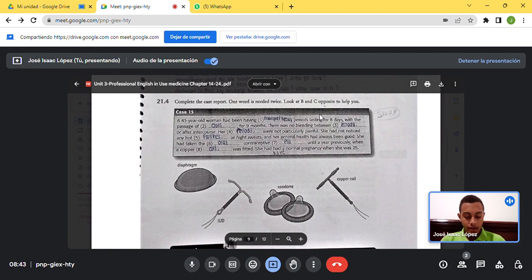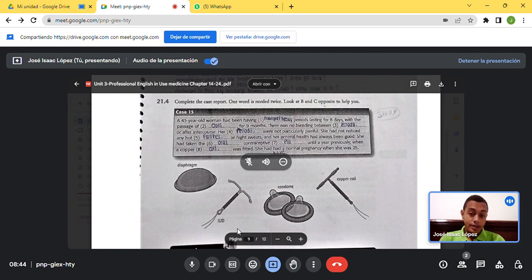Okay, here in this case, no es una bobina de cobre en sí, sino el contraceptivo. That is the meaning about this. Okay, next we have to do this, that is diaphragm.